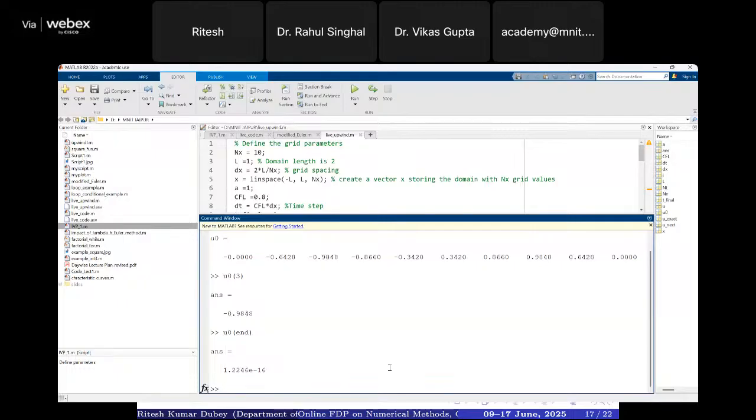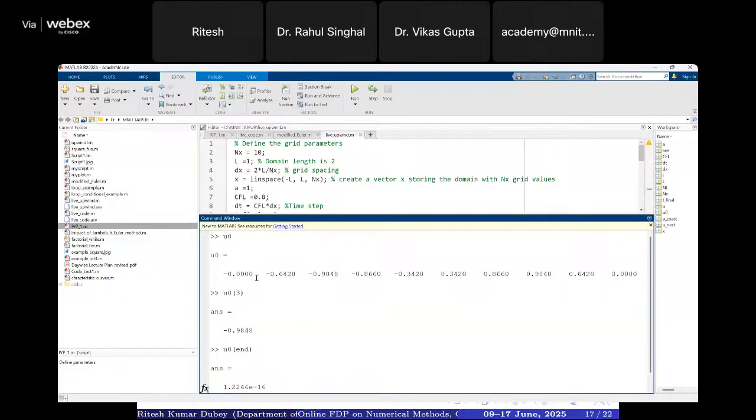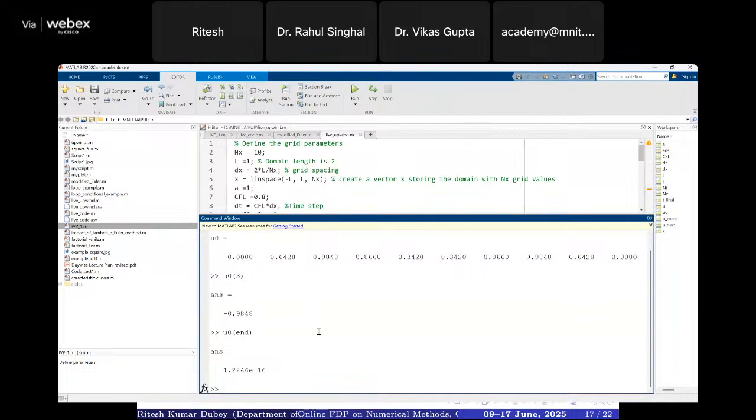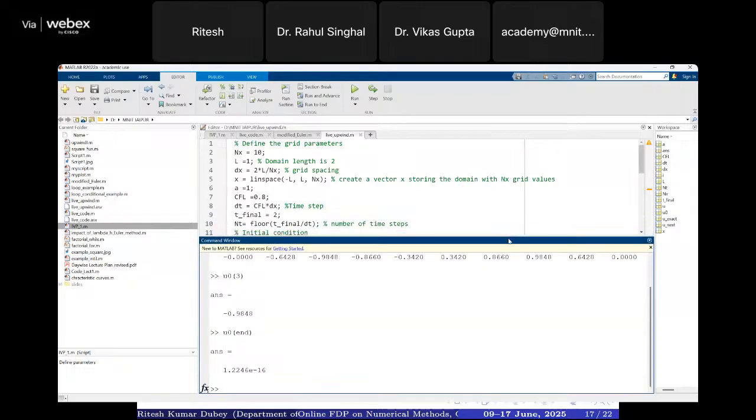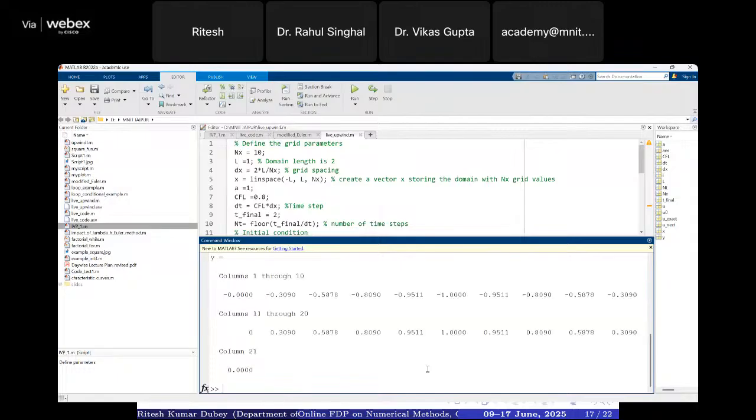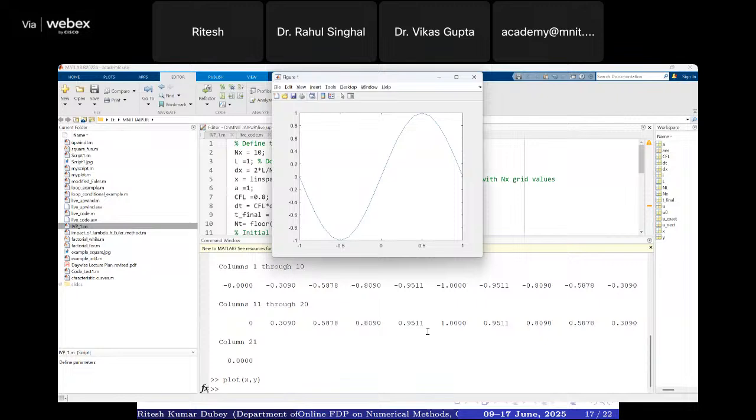Since we are using periodic boundary condition, suppose you have the boundary here, so the value after this will be the same as this value. If you look at sin pi x, x equal to -1 to 1 with step 0.1, y equal to sin of pi star x, and plot x comma y, you will get this.